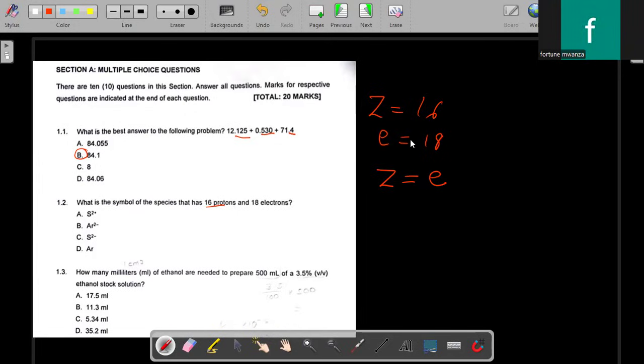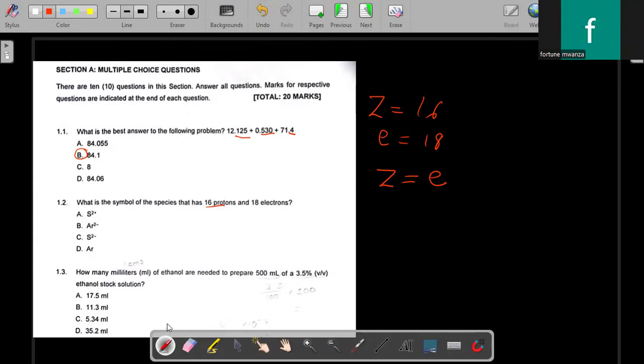This is when the element is neutral and has not gone through any chemical reaction, so a normal element.